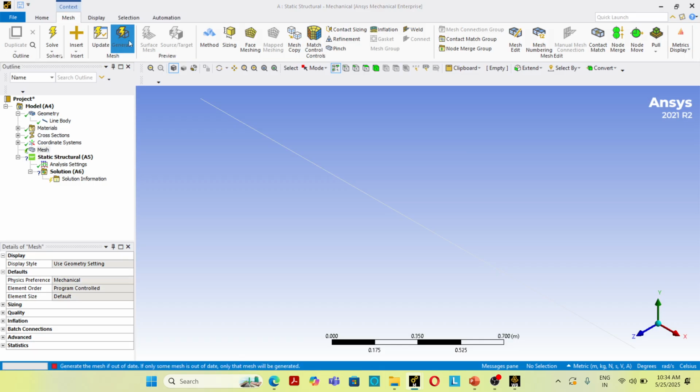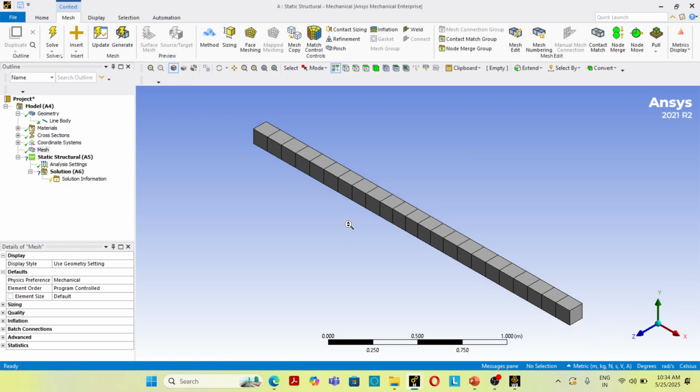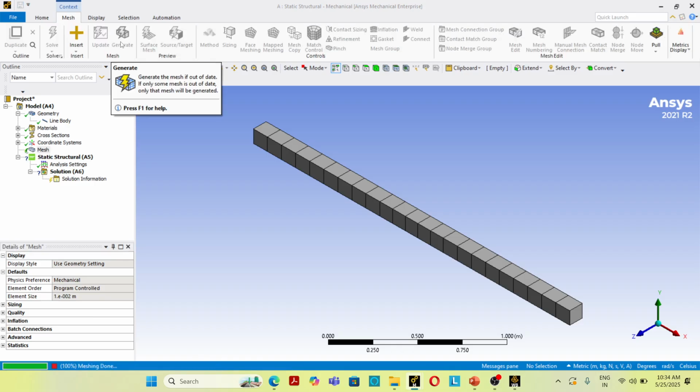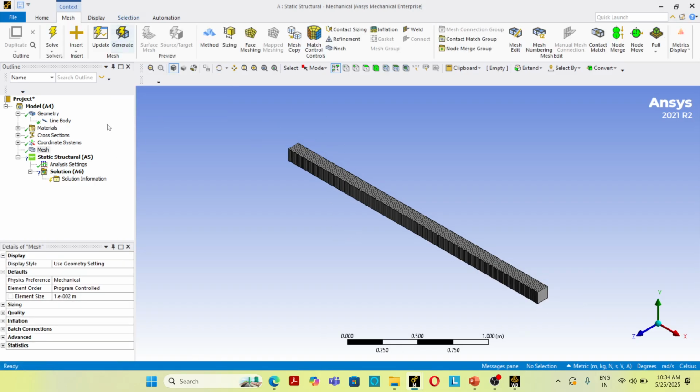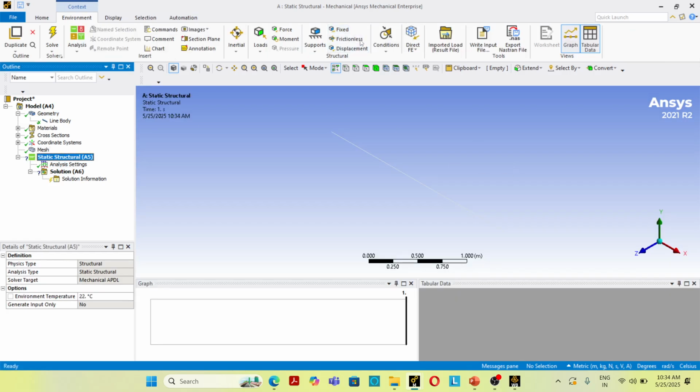Go to mesh, generate, decrease the element size. Okay. Then go to static structural.